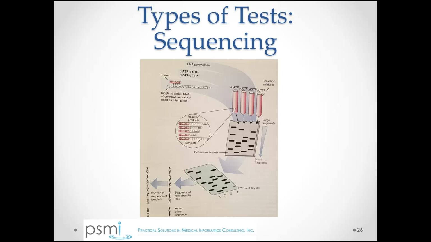And at a high level, the way DNA sequencing works is you are reading by writing, or you're sequencing by synthesis. And when I talk about reading by writing, what it means is if I have a piece of DNA and I want to know what the sequence is, I don't just run this through an analyzer and measure it.